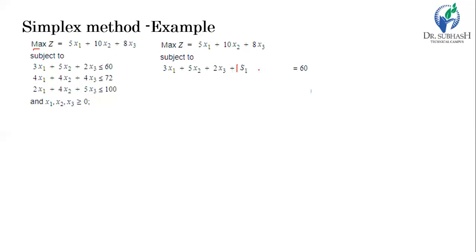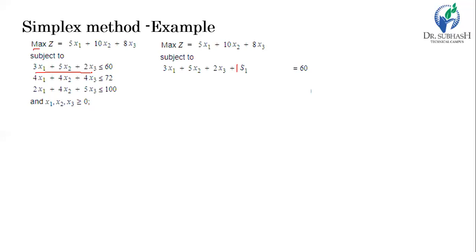When you add s1, the inequality sign will convert into the equality sign, because in practical terms, this inequality indicates that the right hand side value is higher than the left hand side, or the left hand side is lagging behind in terms of amount.